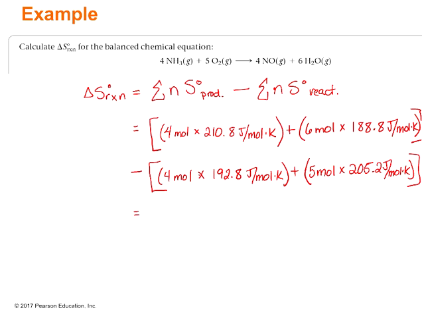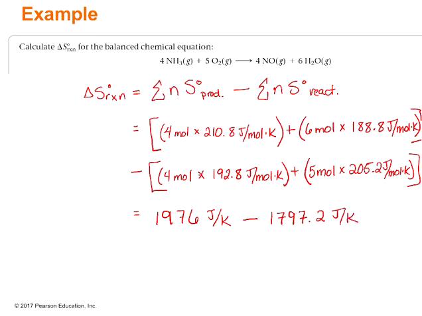So if we add and multiply, etc., all of the product values together, we get 1,976 joules per Kelvin. And then if we do the same for all of the reactants, we get 1,797.2 joules per Kelvin.